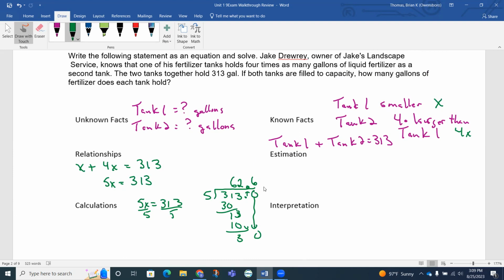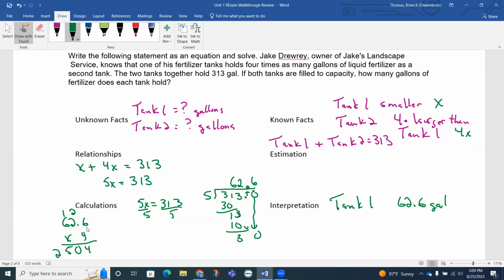X represents tank 1. So tank 1 would be holding 62.6 gallons. And tank 2 would be 4 times that. I don't have a calculator handy, so 62.6 times 4. 4 times 6 is 24, carry a 2. 4 times 2 is 8, plus 2 is 10, carry 1. 4 times 6 is 24, plus 1 is 25.